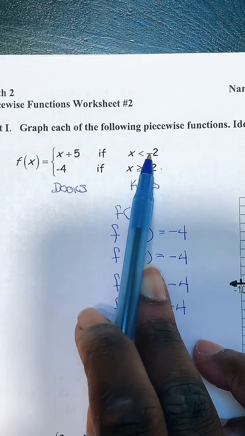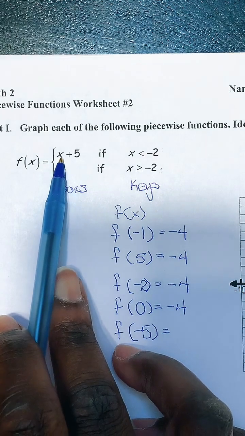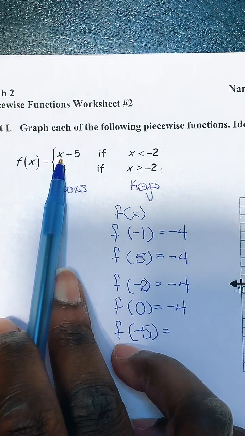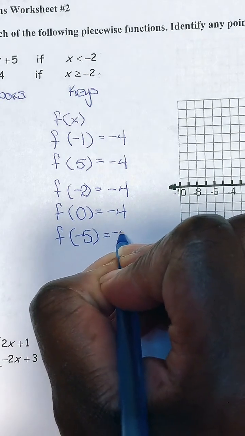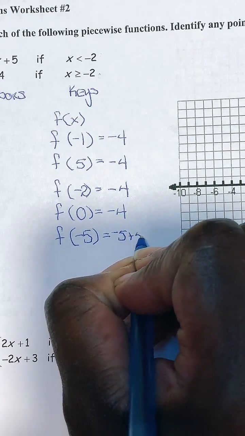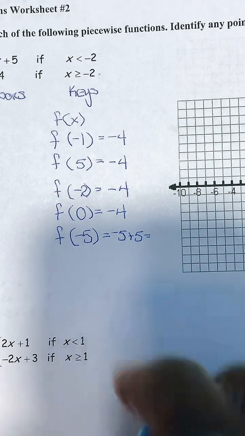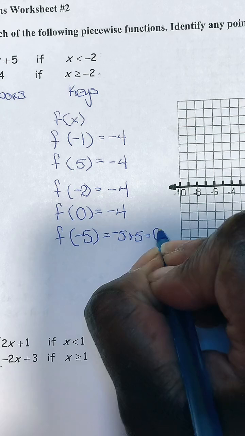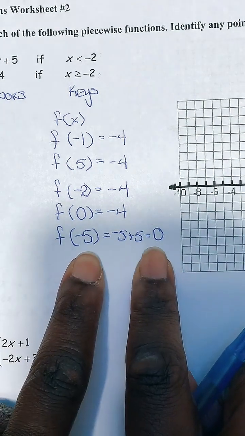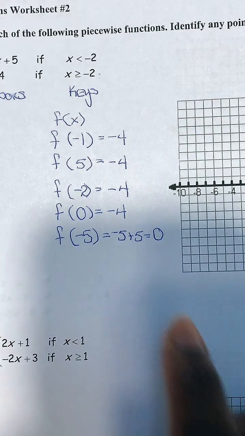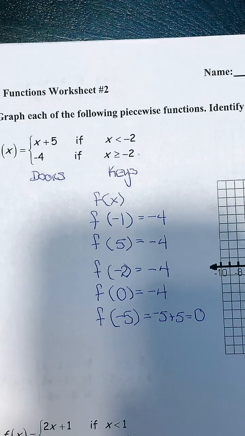That means I need to plug my -5 into this expression. So we have -5 plus 5, which means f of -5 is going to equal 0. So we found the ordered pair -5, 0 to take over for that first expression.